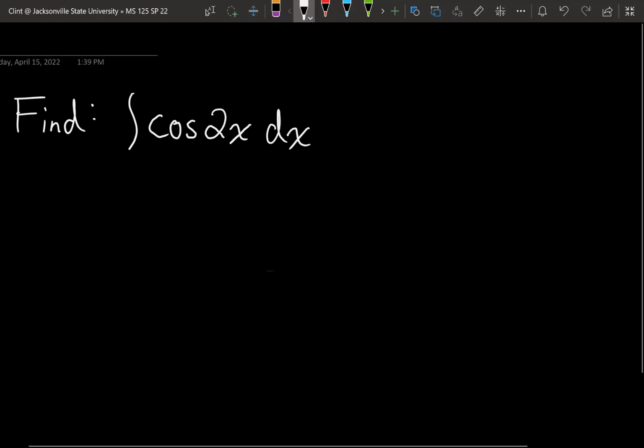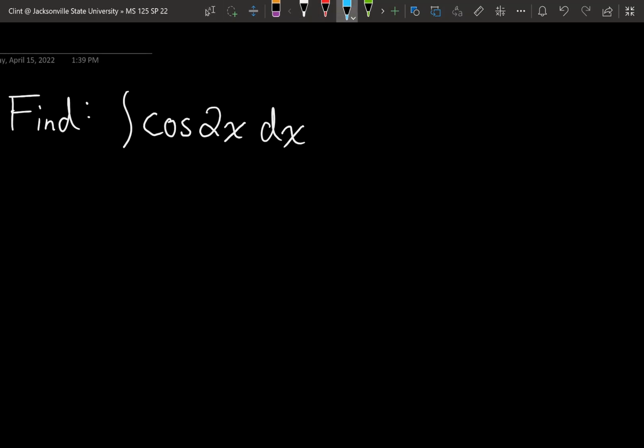So we could try u substitution. And on this one, if we try the inner function as our u. Typically what working these boils down to is you pick something you think will work for you, and then you take the derivative and see if you can make it match up with everything else you got left over.